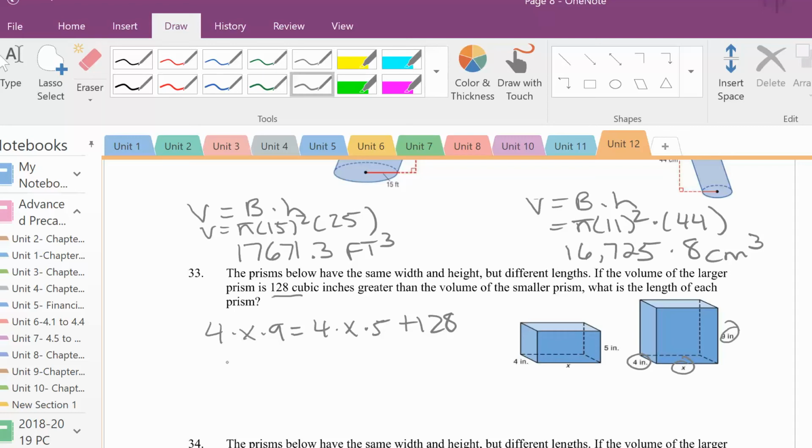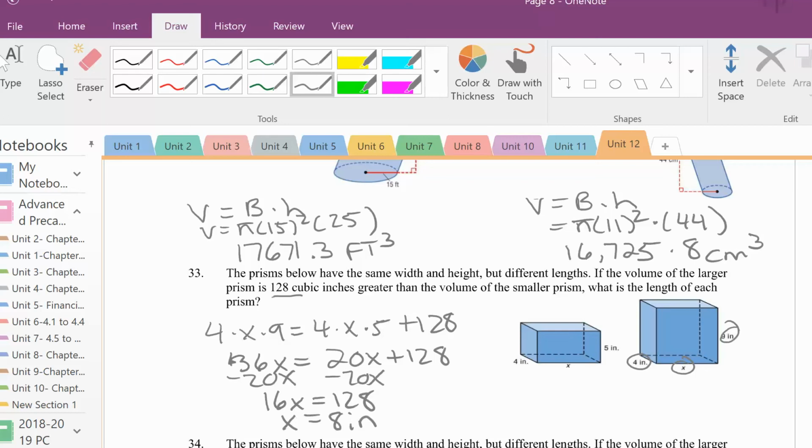So then when we multiply, we get 36x equals 20x plus 128. Subtract 20x, and you get 16x equals 128. And x is equal to 8 inches. So the length of each prism is 8 inches.